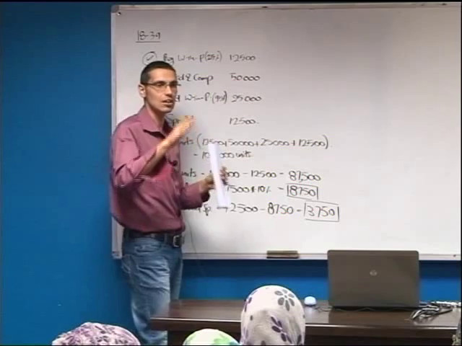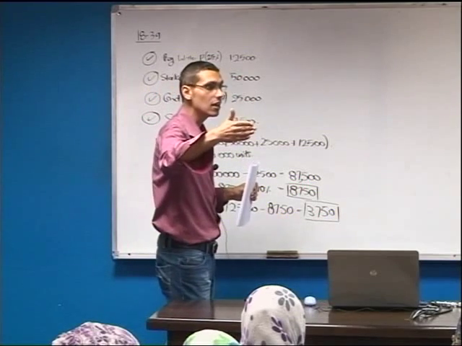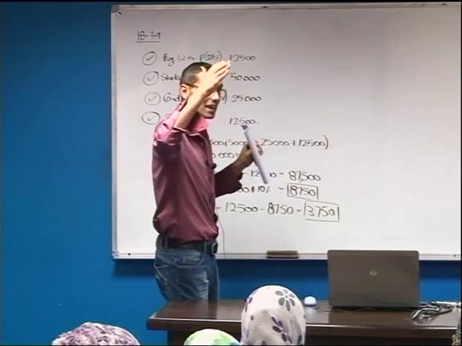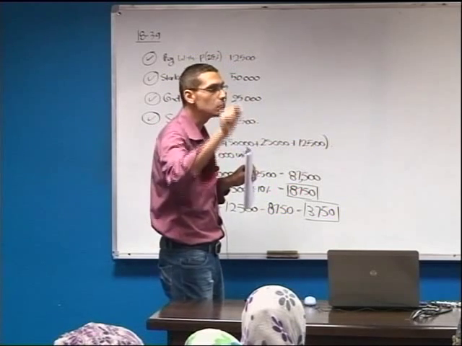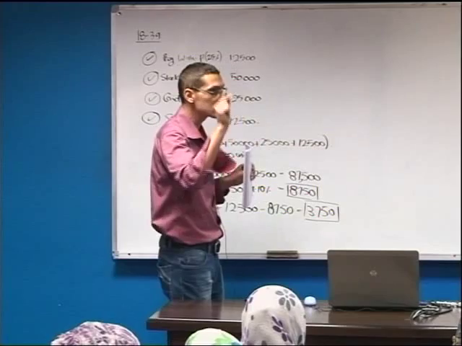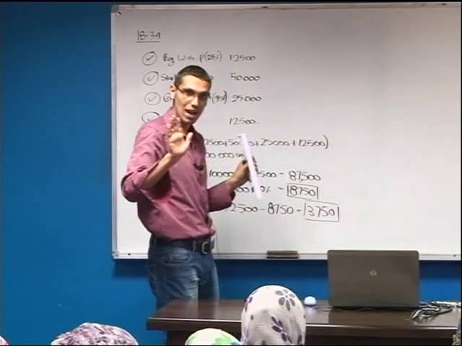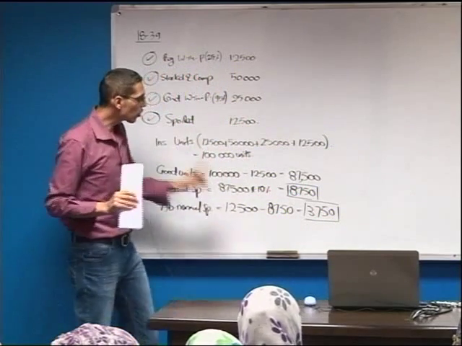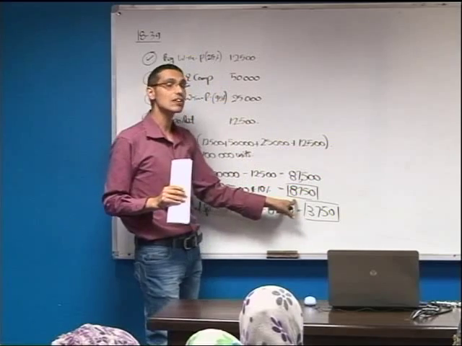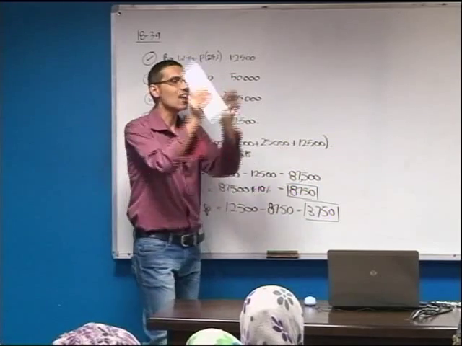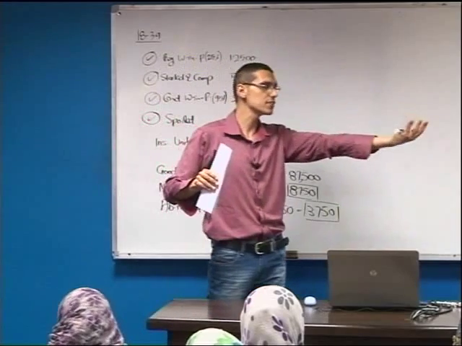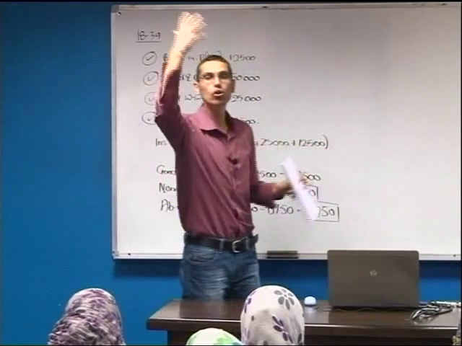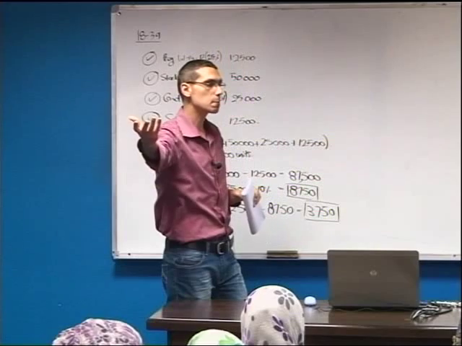We said if the ending work in process were inspected and deemed to be good, therefore they should be allocated some of the normal spoilage costs, correct? Therefore, the 8,750 will be allocated and divided onto the completed and transferred out and onto the ending work in process.